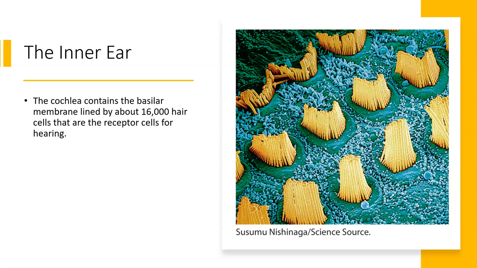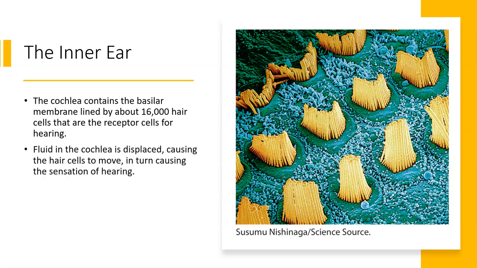Lower tones are going to have a slower frequency and travel farther down the basilar membrane. Fluid in that cochlea becomes displaced. It makes the hair cells move, and it causes what eventually becomes the sensation of hearing.